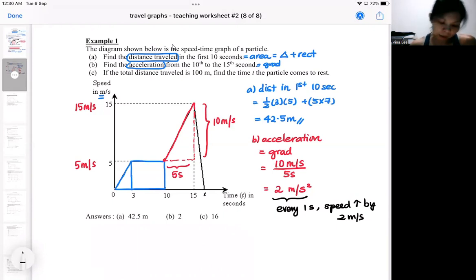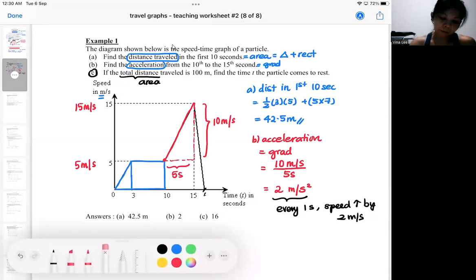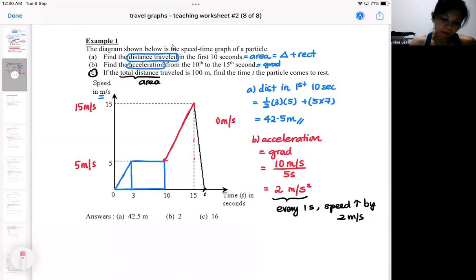Part C, again, is a feature of area, but it's the opposite idea. They tell us that the total distance is 100, and then we would like to find the time. So that means they gave us a full area of 100. Just now we already know that this is 42.5. I can calculate this trapezium.